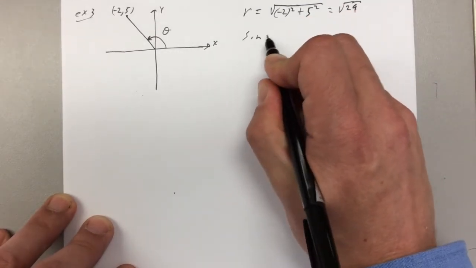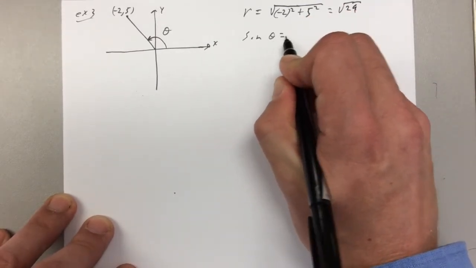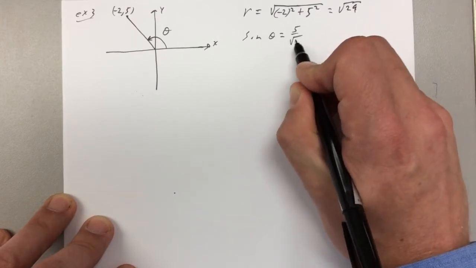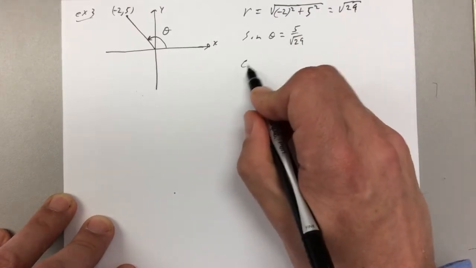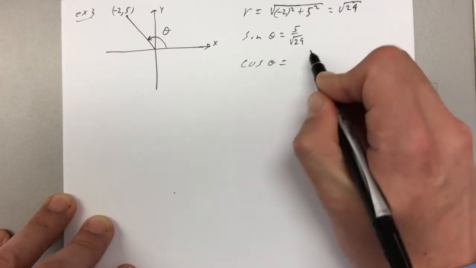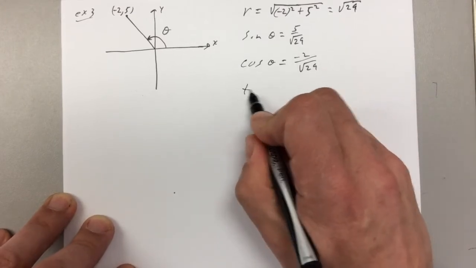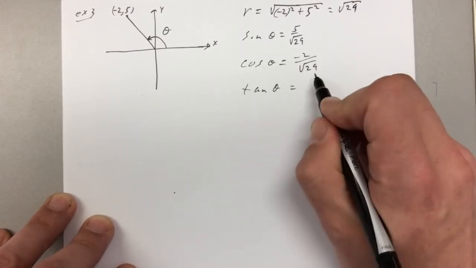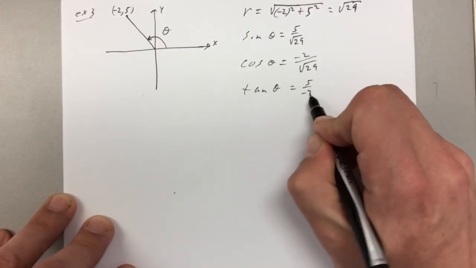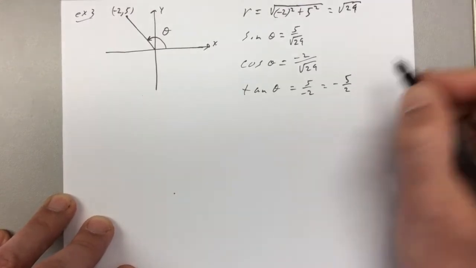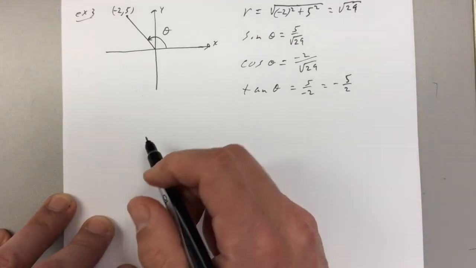Okay, so sine theta is going to equal 5 over root 29. Cos theta equals negative 2 over root 29. Tan theta equals 5 over negative 2, just write as negative 5 over 2. Okay.